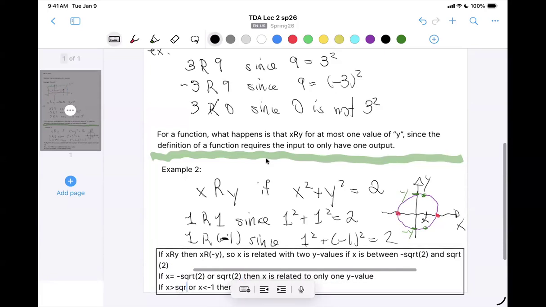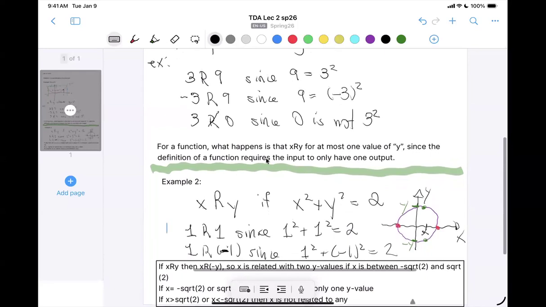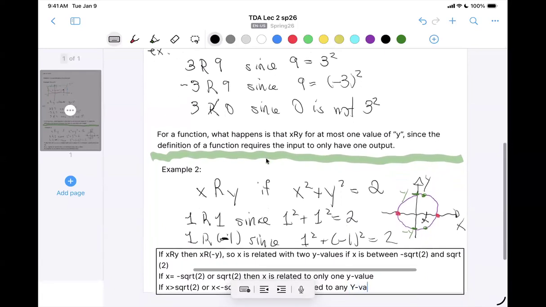Again, these two examples are hopefully just a warm-up. This is an example of a relation that doesn't correspond to a function at all.